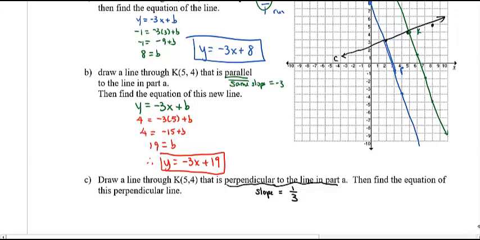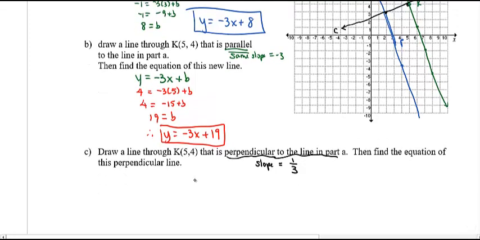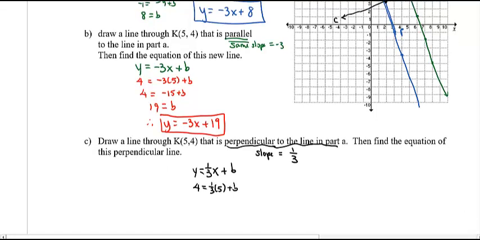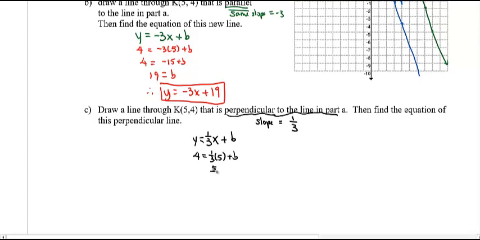And what is the equation here once again? y equals 1/3 x plus b. Same business, let's plug in the point. So 4 equals 1/3 times 5 plus b. I know you don't like fractions, but it is what it is. 4 take away 5/3 equals b.